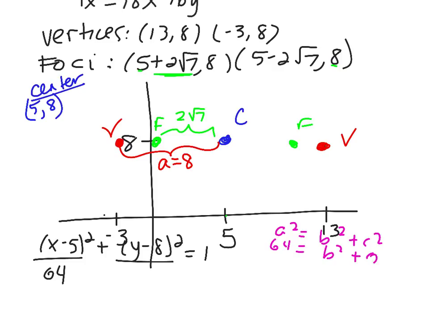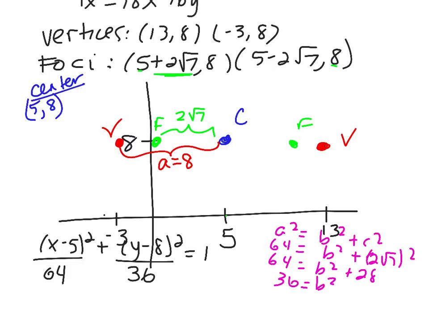So this would be 2 radical 7 squared. So 64 equals B squared plus 2 radical 7 squared. So that's 4 times 7, and 4 times 7 is 28. So minus 28 from both sides, and I get 36. So that's my B squared. That's what I want. So my B squared goes underneath there.